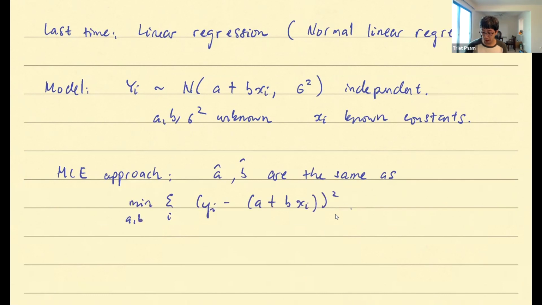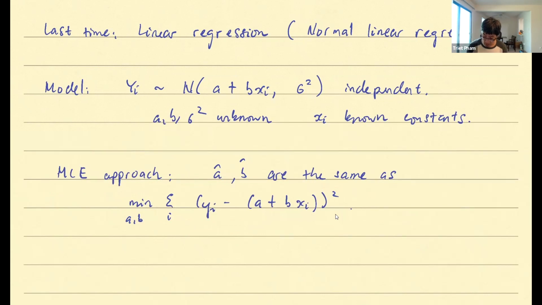The reason is because this term is exactly the term that shows up in the exponential of the normal distribution. So when you maximize the likelihood, you minimize this term, which from the context of least squares means you're minimizing the distance between the straight line and the y.